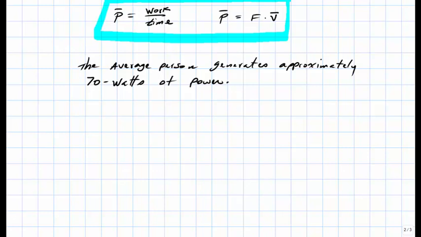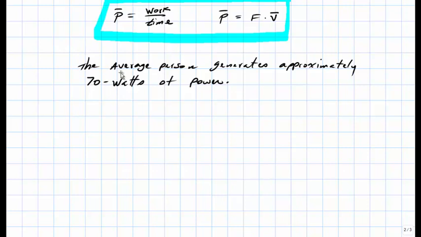That means that the average person generates 70 joules of energy every second. And this goes on indefinitely. 70 joules of energy are being produced by a person every second on average.